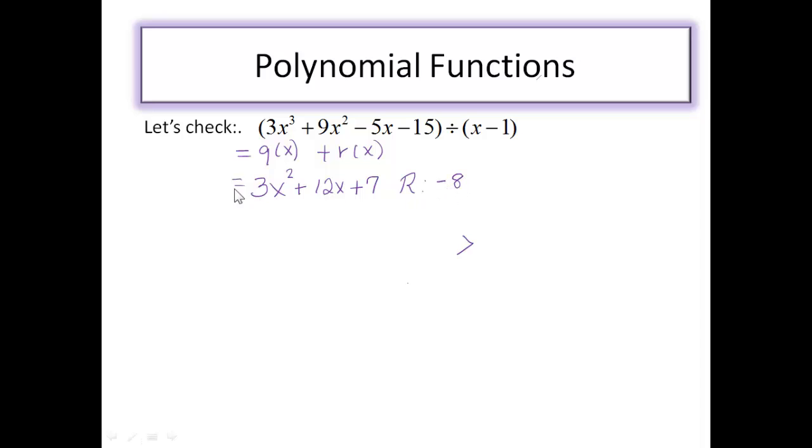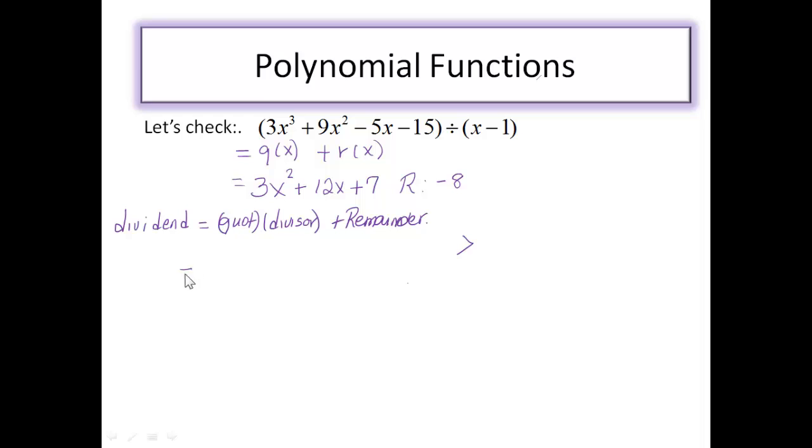So how do we check this? Remember that to get my dividend, when we use the division algorithm, we say that the dividend is going to equal the quotient times the divisor plus the remainder. So let's do that.